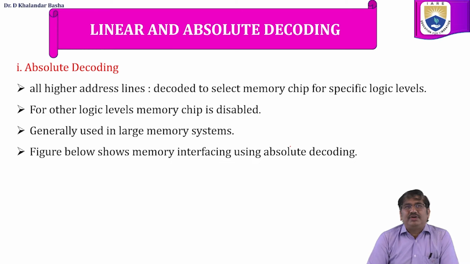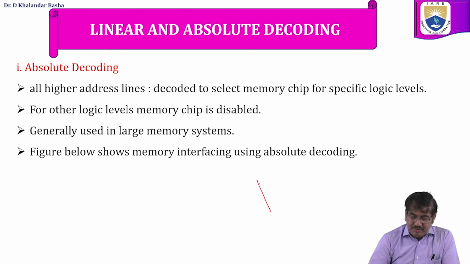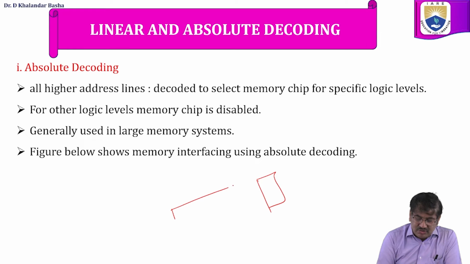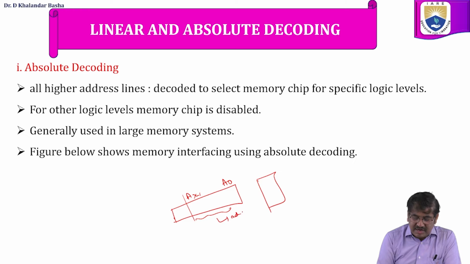In absolute decoding, all the higher order address lines are decoded for selecting the memory chip for specific logic levels. If a memory requires lines A0 to AX, then these lines are used as addresses for accessing one of the memory locations.